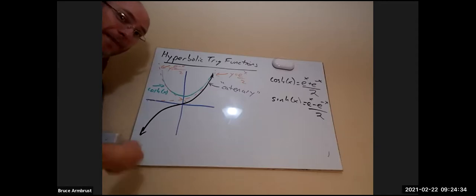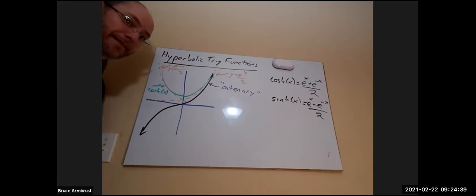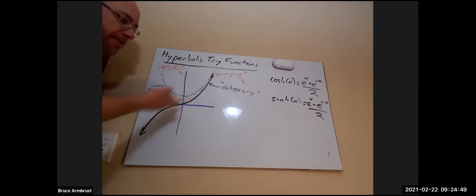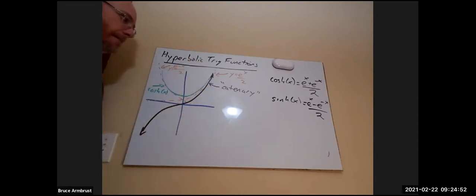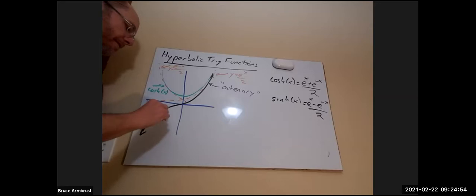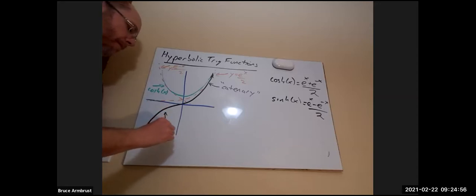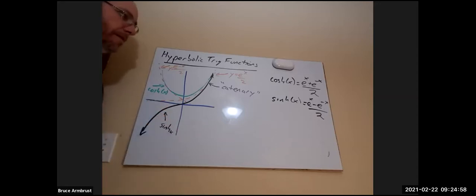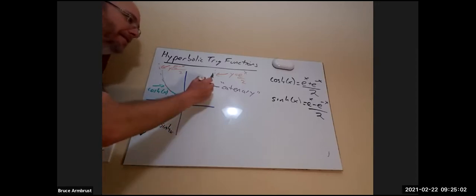And again, I know you've seen a billion things that have this shape. It is not the tangent. It is not a cubic function, it's its own thing. It is approaching these exponential graphs on either side, but it looks like this one. All right, so that's what sinh looks like.